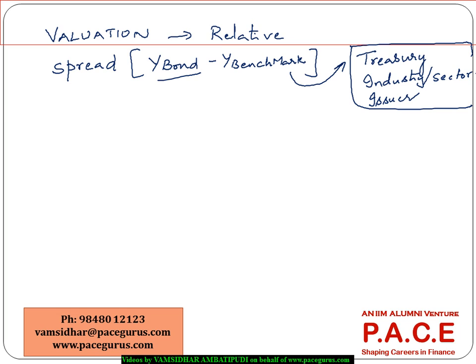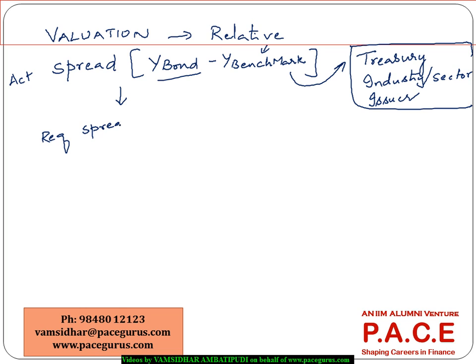Whatever I take as a benchmark, the spread could change depending on it, because it's the difference between the yield of the bond of interest to us and the yield on the benchmark security or benchmark portfolio. Whenever we talk about relative valuation, I compare the actual spread with the required spread.